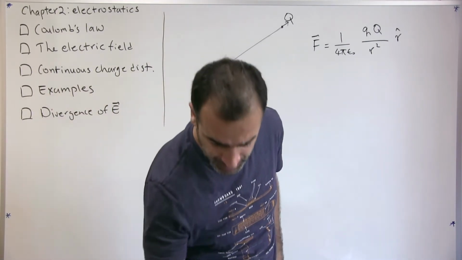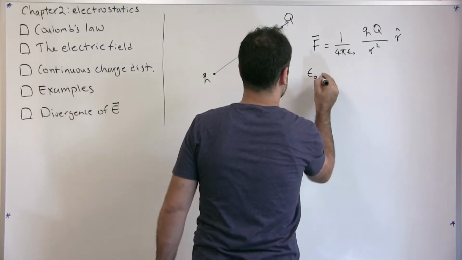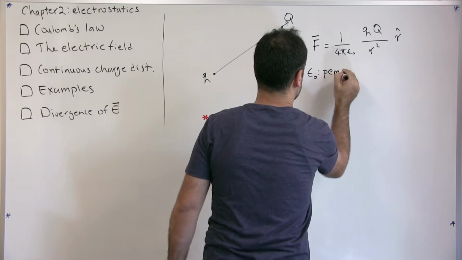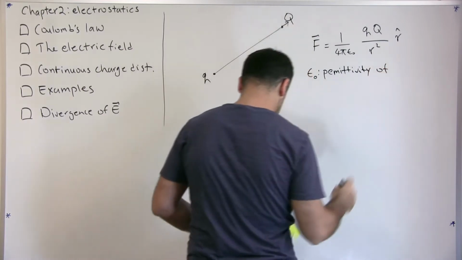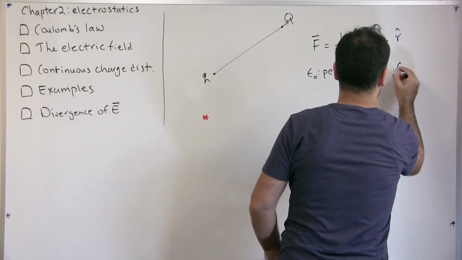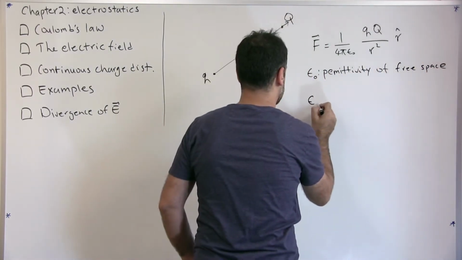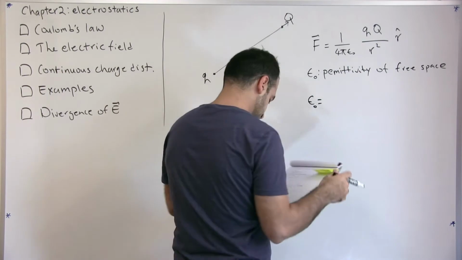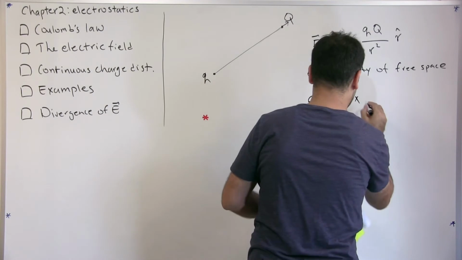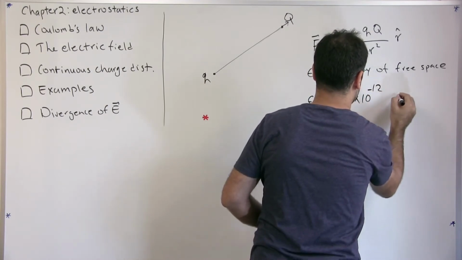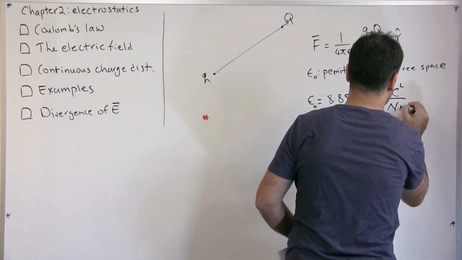The epsilon 0, the constant here, is the permittivity of free space, and in SI units this is equal to 8.85 times 10 to the negative 12. The unit is Coulomb squared over Newton meter squared.